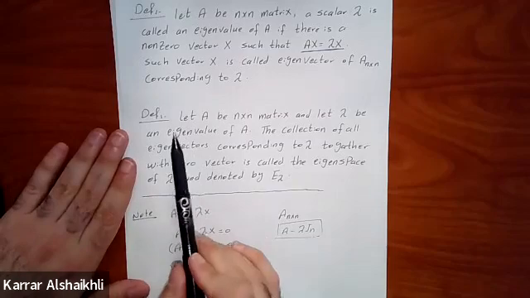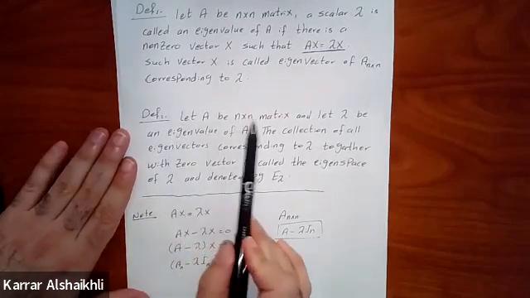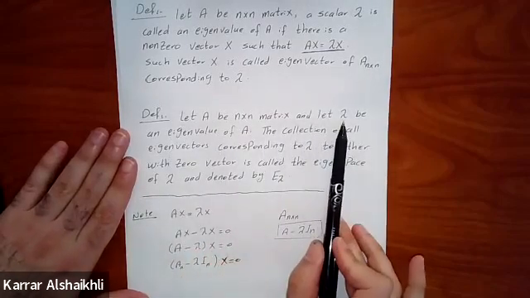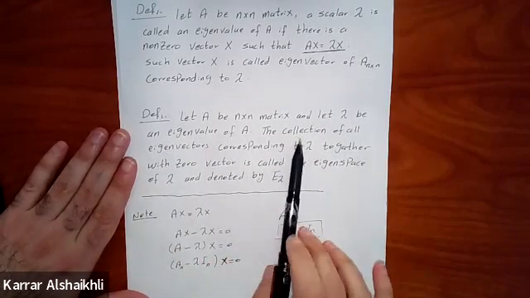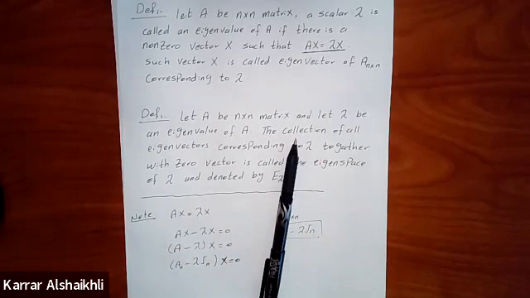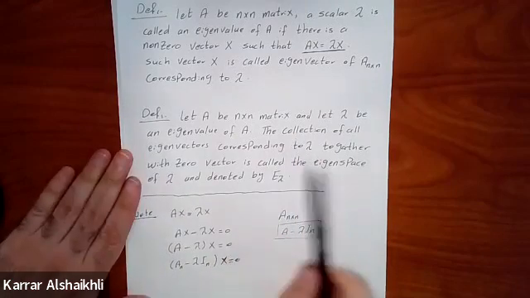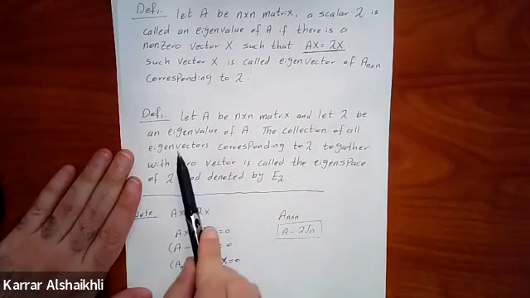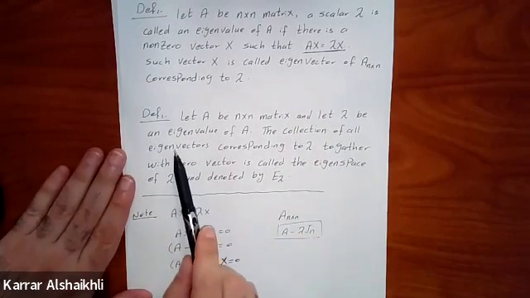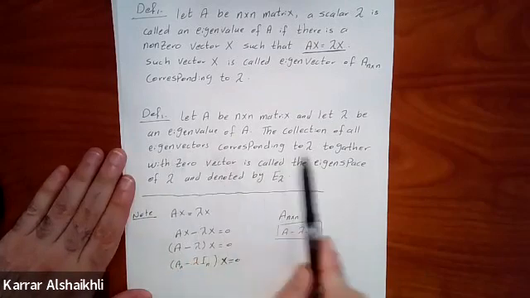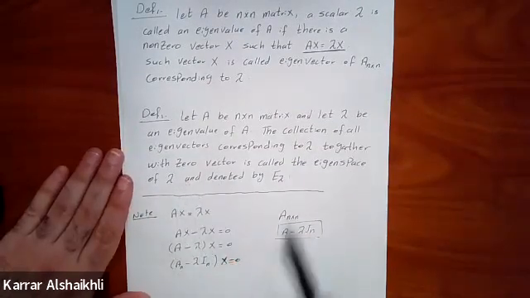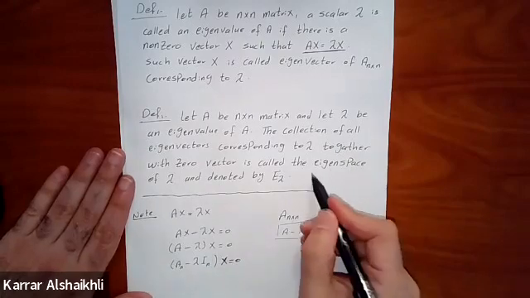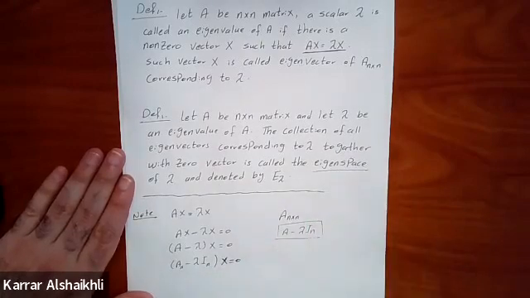Let's go back here. Let A be an n times n matrix, and let lambda be an eigenvalue of A. Now I'm going to take all the eigenvectors, because remember, for each eigenvalue there is an eigenvector. I'm going to put all the eigenvectors together with the 0 vector to make a new space called the eigenspace.